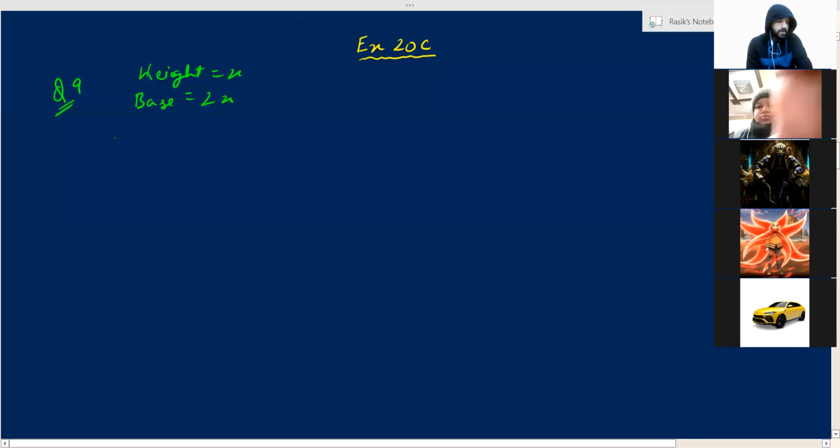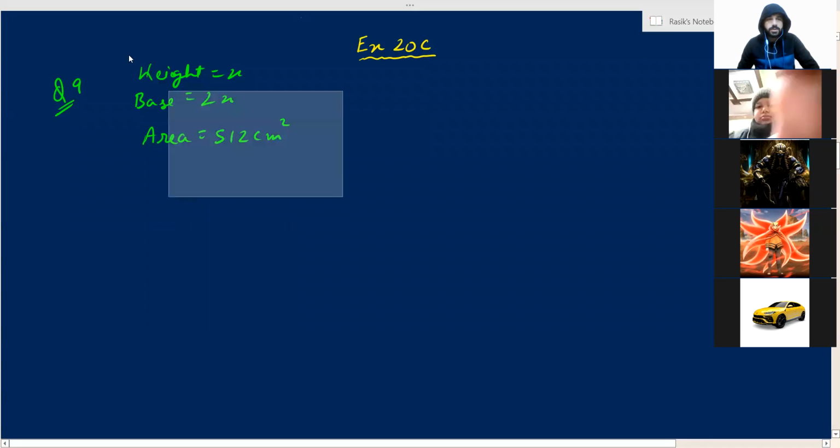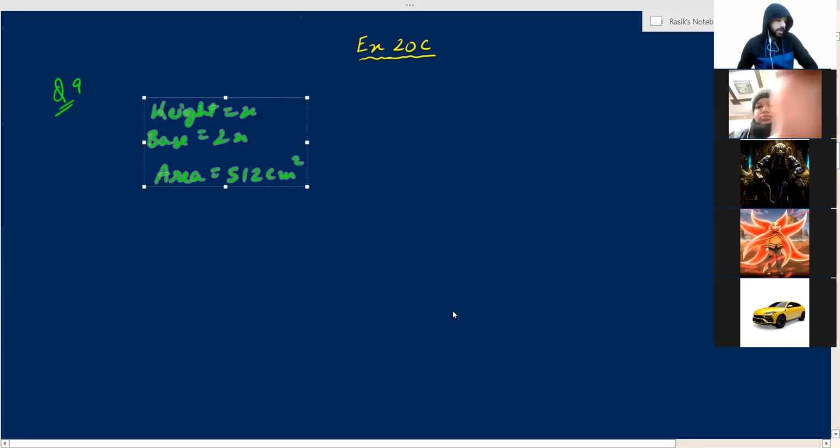Now the area of the parallelogram given in the question is 512 centimeters square. Find the value of x. Form an equation first of all, then find x, and then find the base and height. All of you start doing it, and then give your answer in the group. Take a picture and post it in the group.